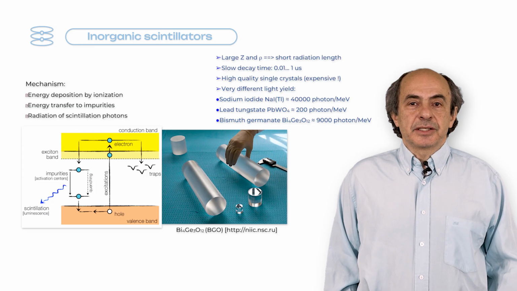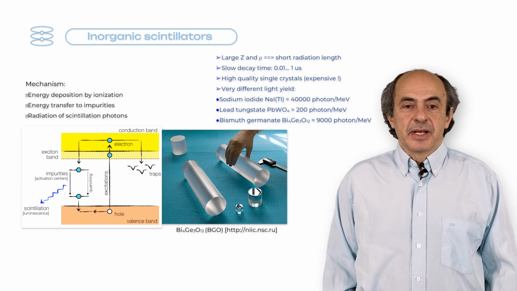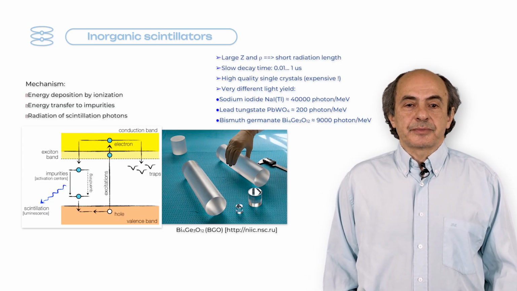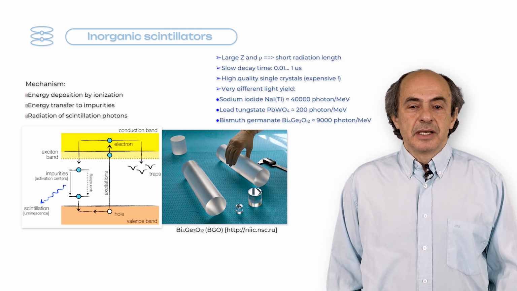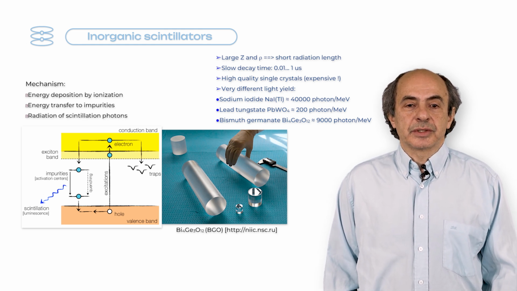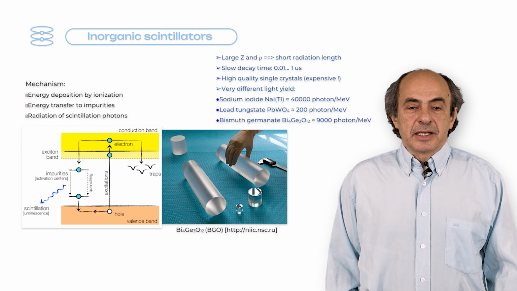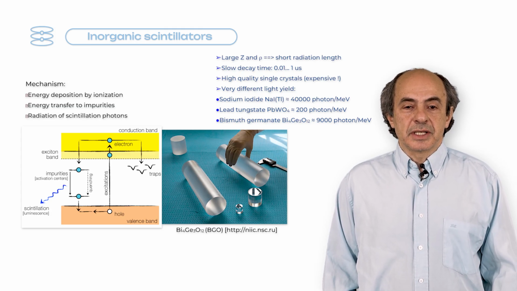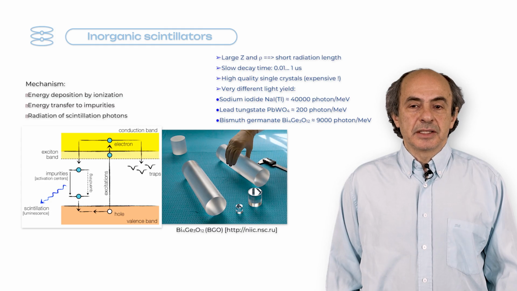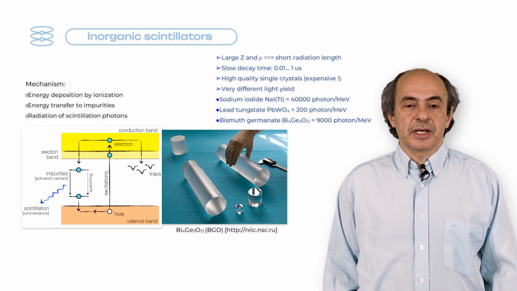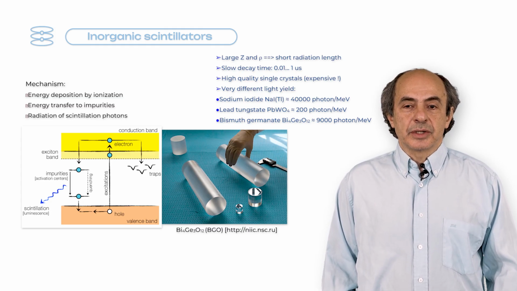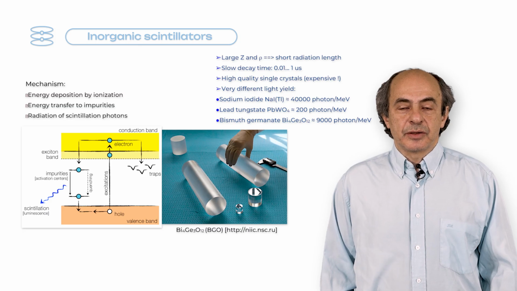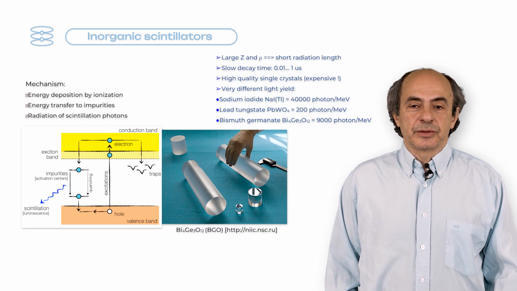When some ionization energy is deposited, electrons go into the conduction band, and we have holes, and they travel in the crystal until they reach a so-called scintillation center, which could be either intrinsic to the crystal, or some defect of the crystal, or some artificially added doping like thallium in sodium iodide.